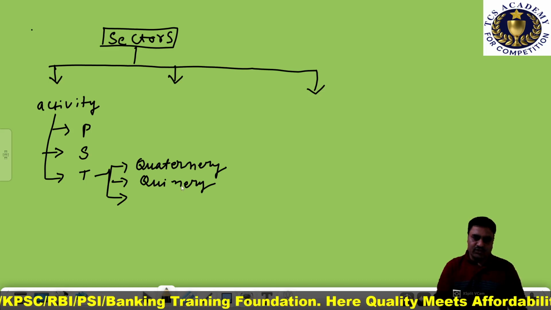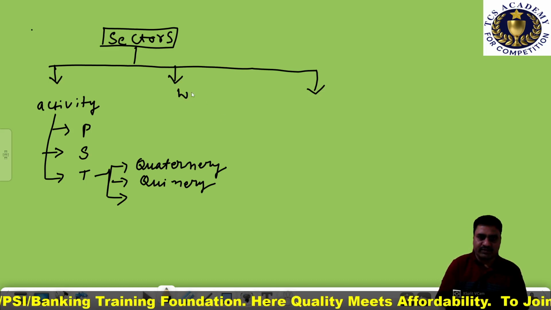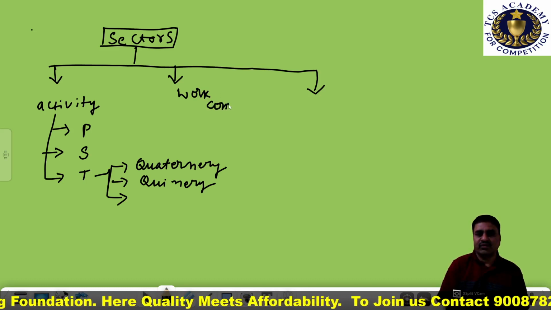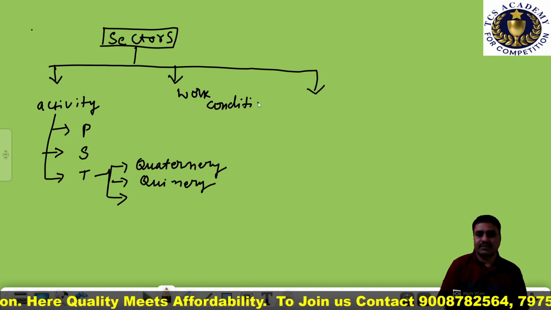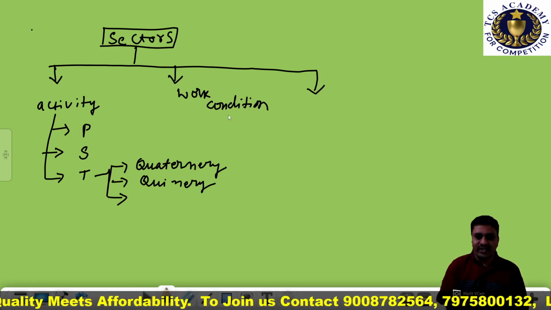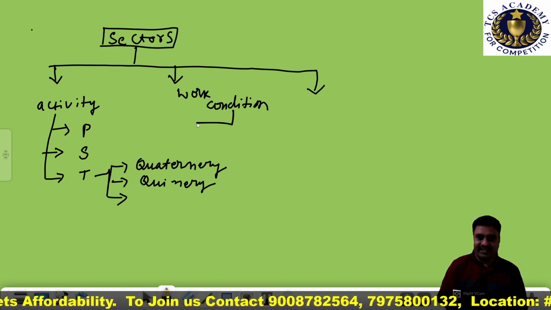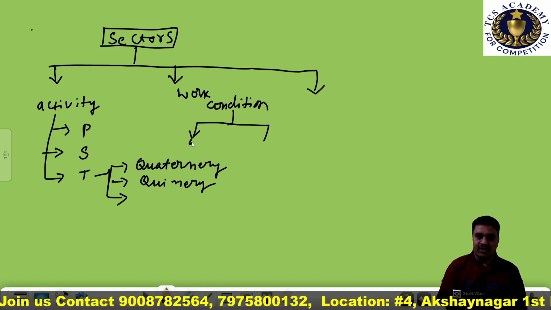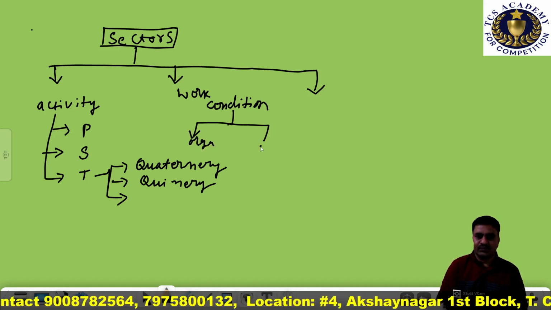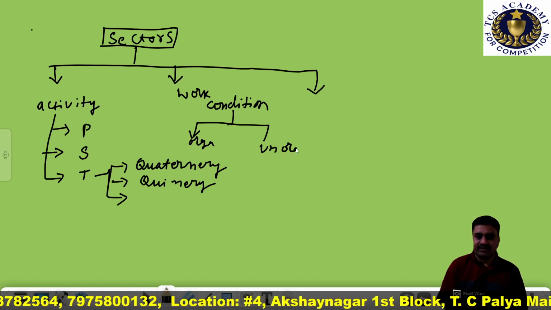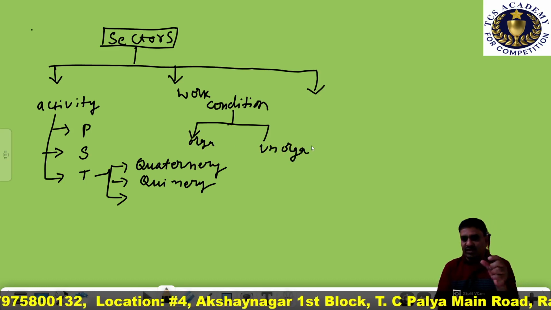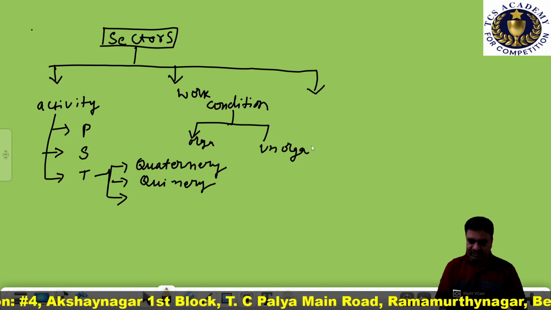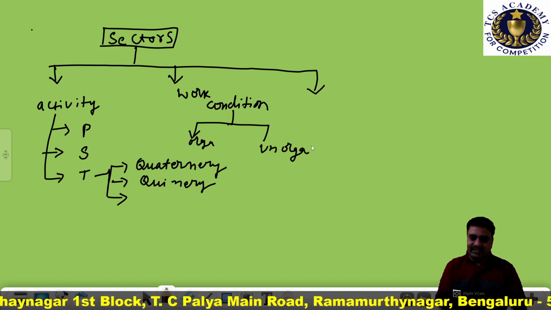Okay. So on the basis of the work condition, we classify sectors of the economy into two parts. One is organized sector, unorganized sector. Clear? On the basis of the work condition, different sectors we have created. One is organized sector and unorganized sector.